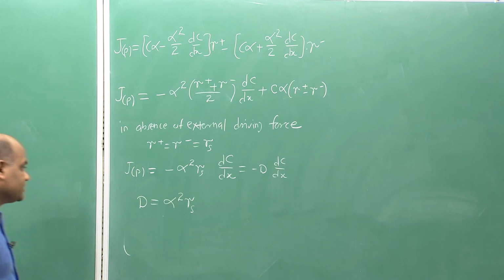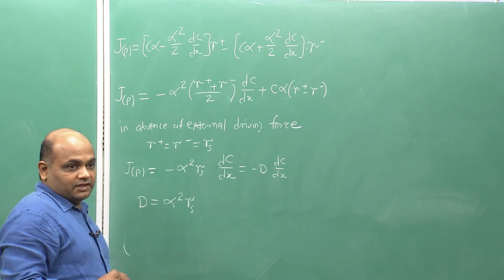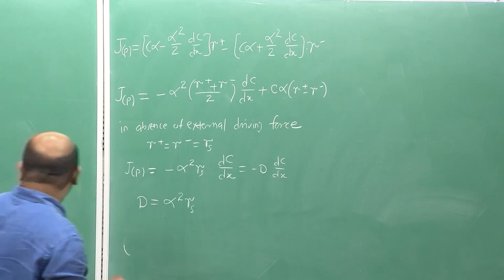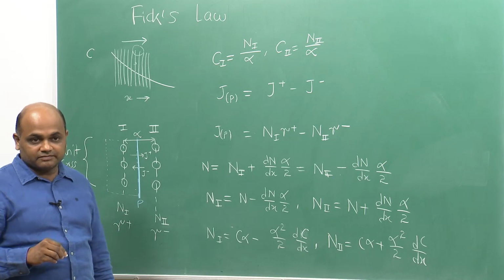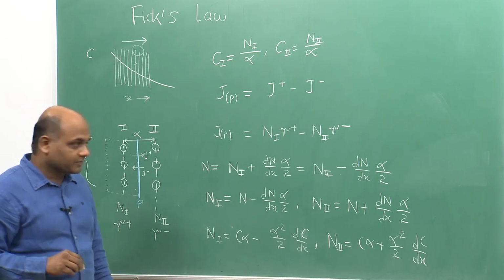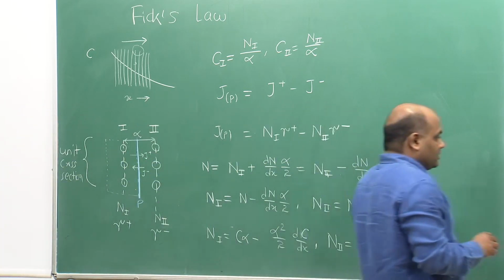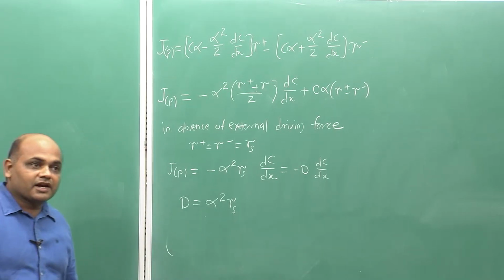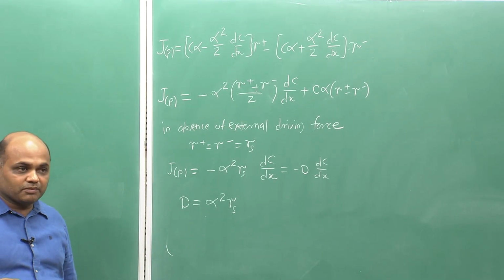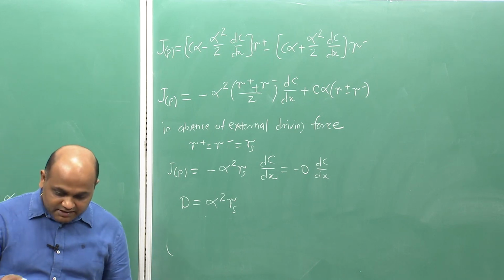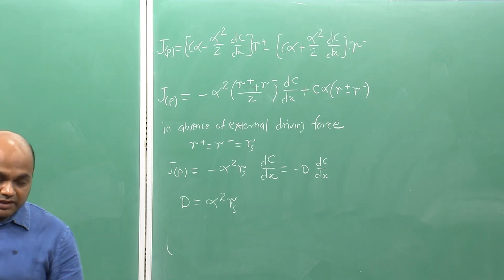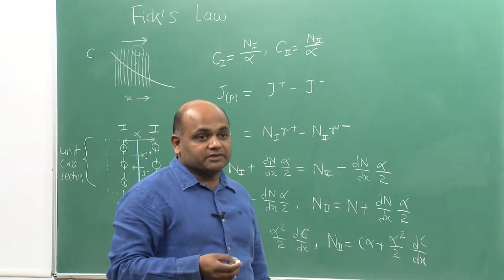Now, gamma s is the frequency of jumps in this particular direction, plus x direction. If there is no external driving force, then all jumps should be equiprobable, right. And how many sides can an atom jump to if we consider only nearest neighbor jumps?